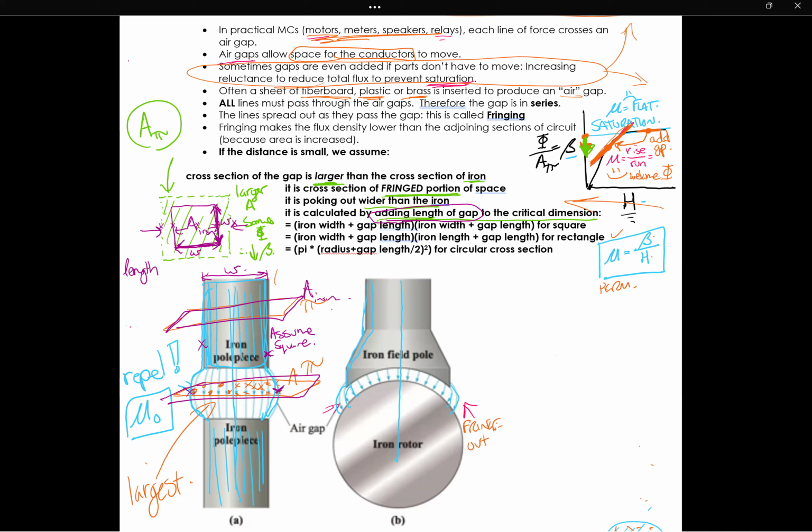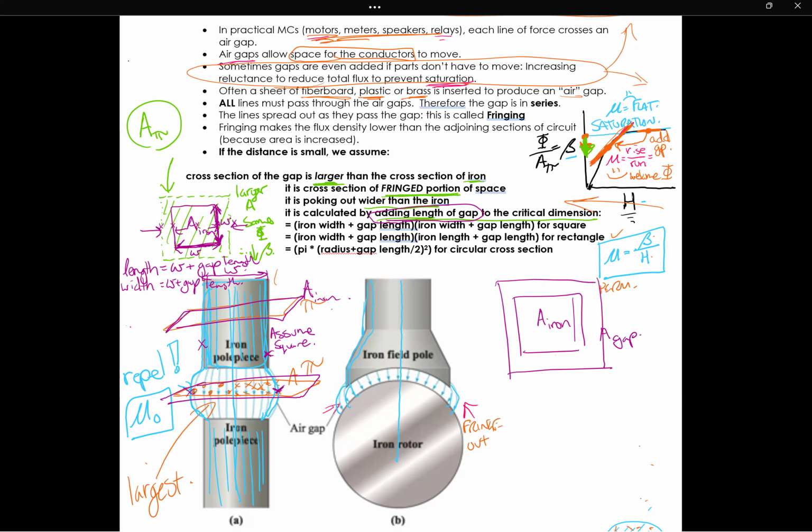Length is equal to W plus gap length, and width is equal to W plus gap length. So if I were to draw that again, here is A of iron, and here is A of gap.